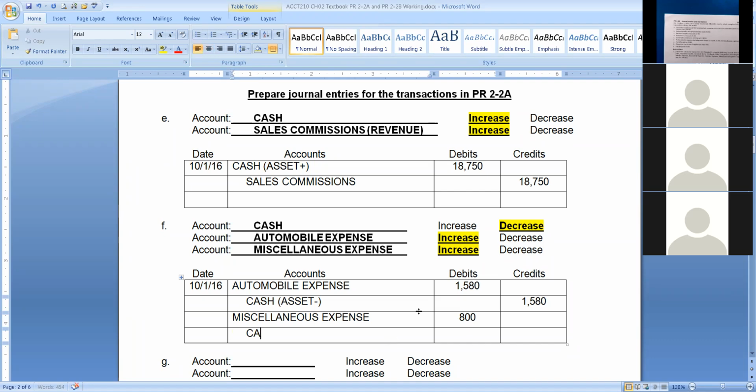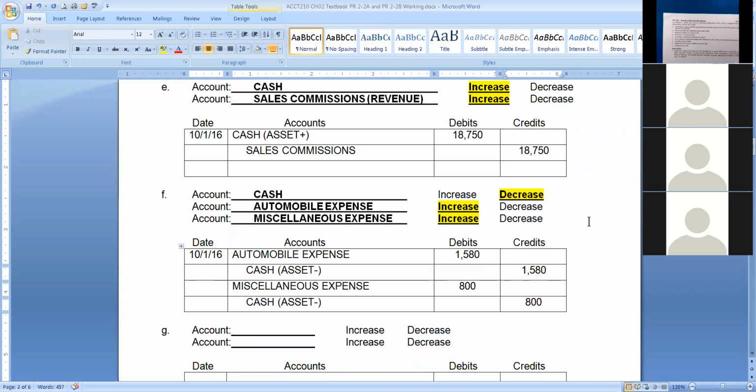That's just the accountant in me saying that. The book will probably show those being added together. They show 1580 plus this, and they have one entry here. And if you're wondering why I would probably put it in separately, if you add those two together, it comes out to 2380.